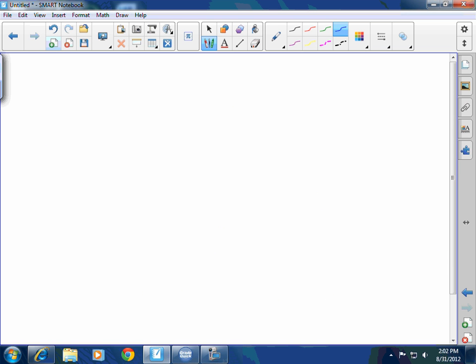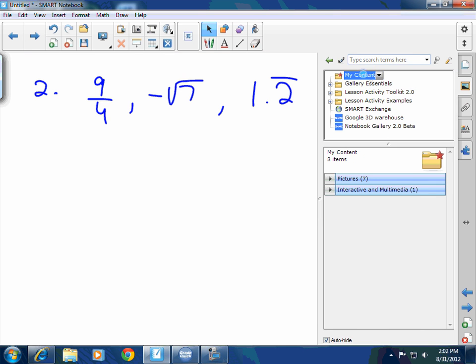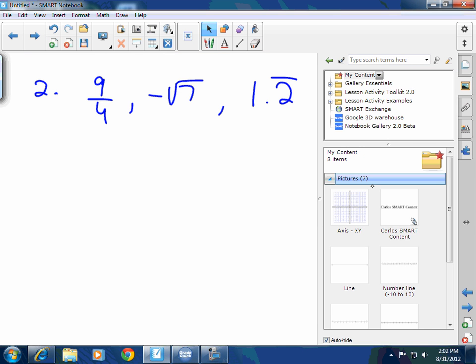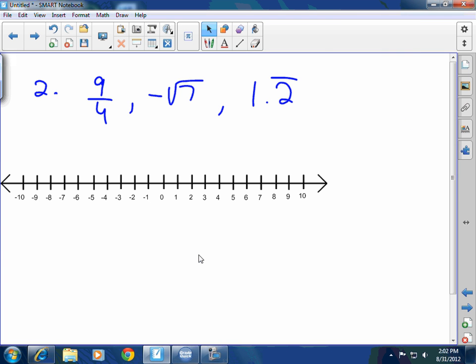For number 2, it says, what is the graph of the numbers 9/4, negative radical 7, and 1.2 repeating? Well, my friends, we're talking about here a number line. It's pretty simple. It's just a number line. That's what we mean by the graph.